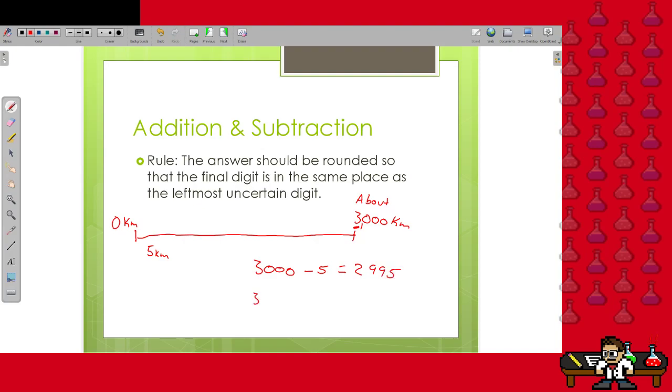But if we took about 3,000 and subtracted 5 from that number, in terms of estimations and measurements, this is still going to be about 3,000.